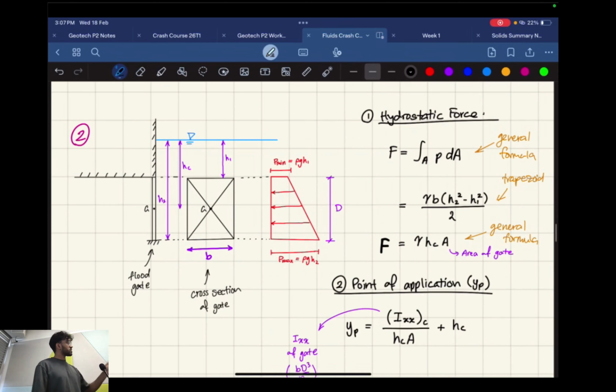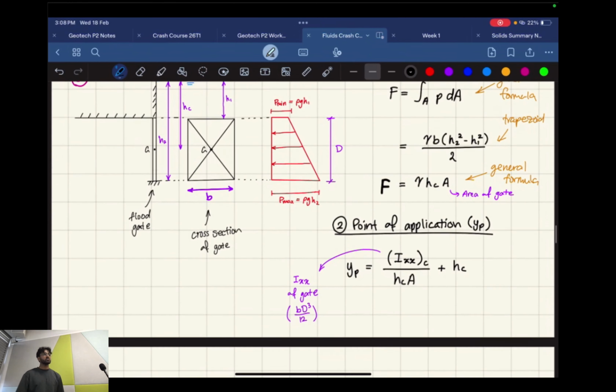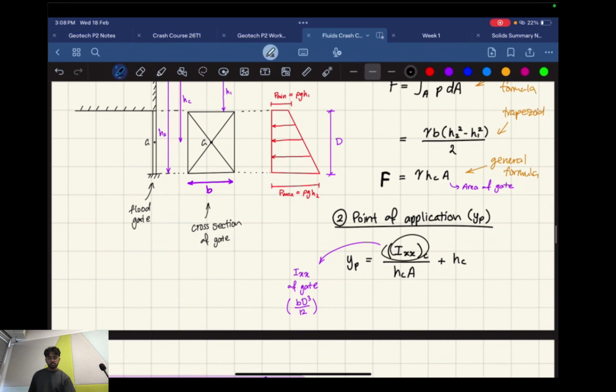Okay? Another thing you might be asked to actually find is the point of application. So where is that force actually acting? Okay? For that, there's another formula which is also given on your formula sheet. You guys don't need to know the derivation of the formula. Again, just know how to use it. Okay? So you have IXX, which is just your second moment of area of the gate.